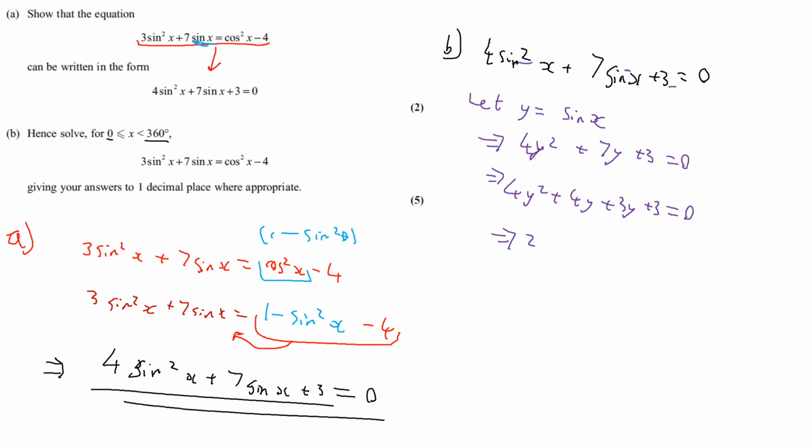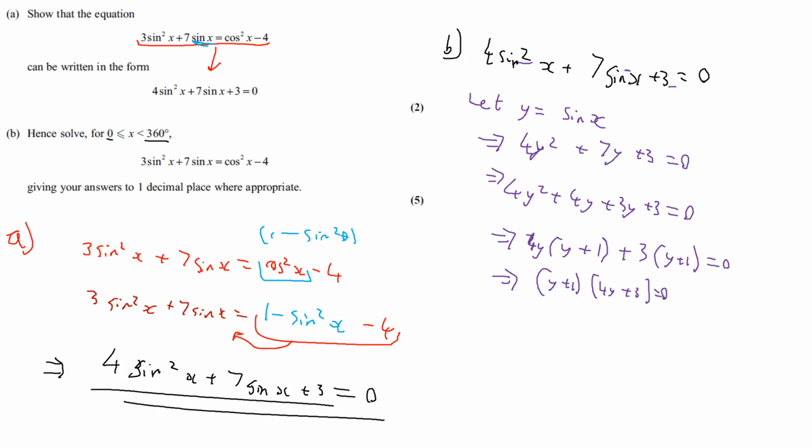Let's factor out 4y: 4y times y plus 1, and then plus 3 times y plus 1 is equal to 0. So we're left with y plus 1 times 4y plus 3 is equal to 0.